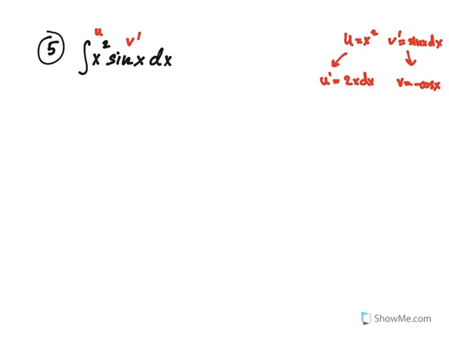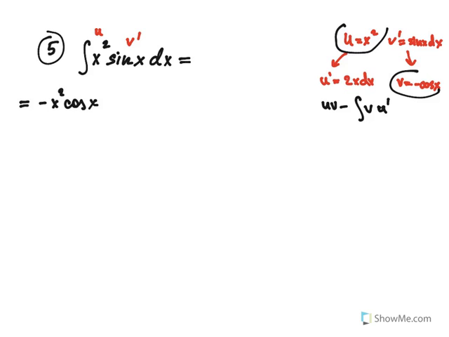So now the formula says it's uv minus integral v u prime. Okay, so that equals uv. So u is this, v is that. So let's put them together. Negative x squared cosine of x, minus the integral of v u prime.